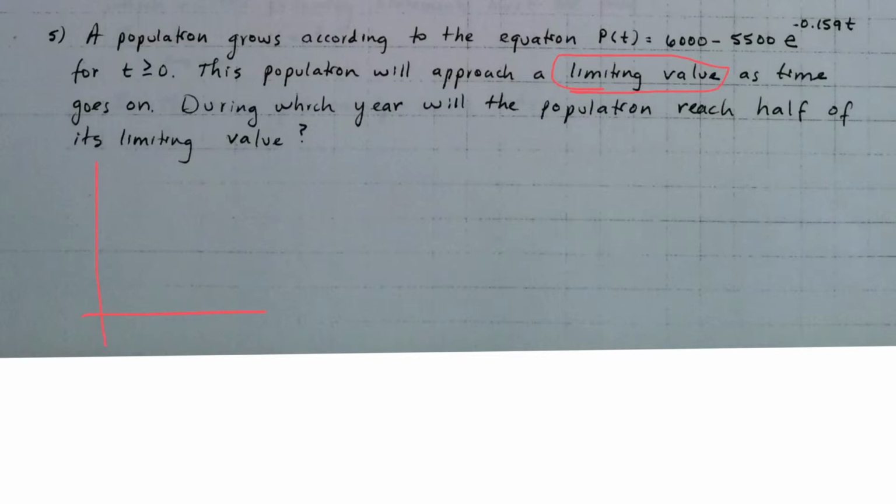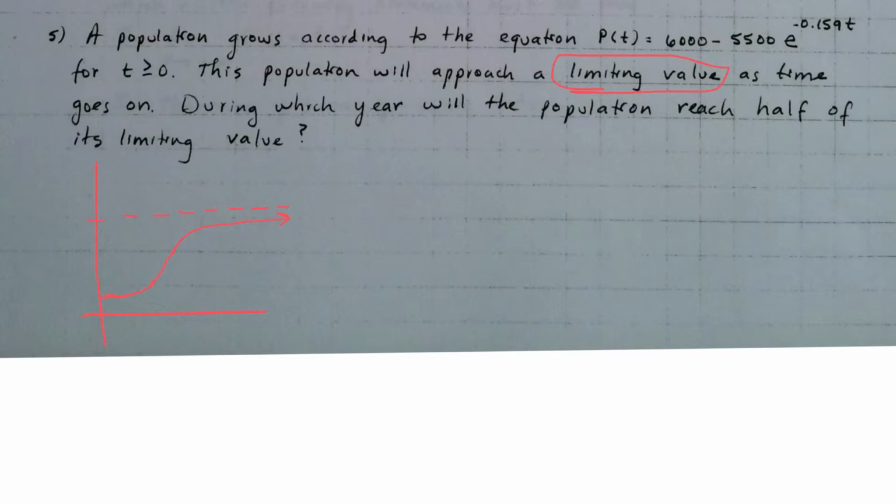So populations, or any population, usually starts with a few members in the population. They'll reproduce, and then they'll grow, and it'll level off eventually, and that becomes the limiting value.